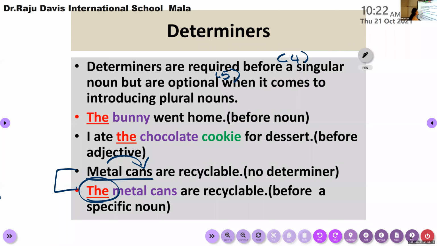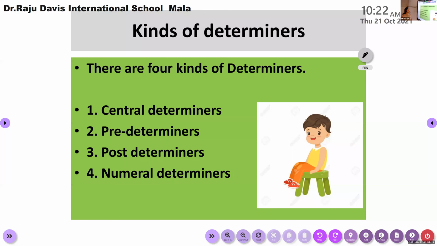So let me introduce the kinds of determiners, children. We have 4 major kinds of determiners in English grammar. The first one is central determiners. Second, predeterminers. Third, post determiners. Fourth, numeral determiners.